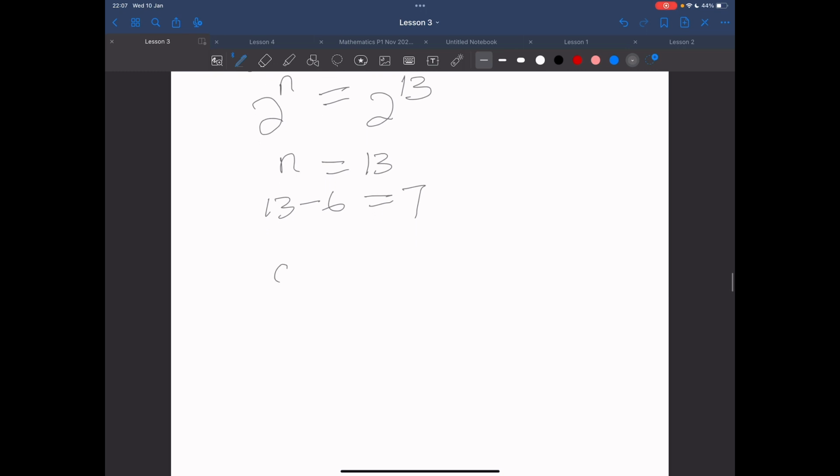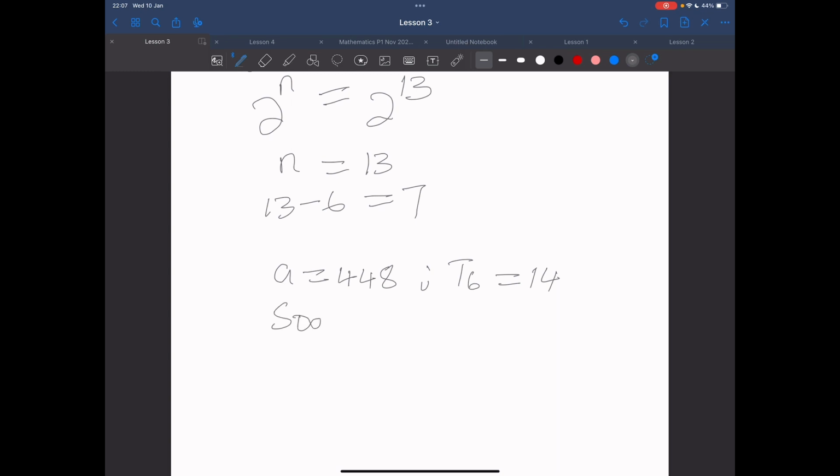So A is 448, and term number 6 is 14. We are asked to calculate sum to infinity.